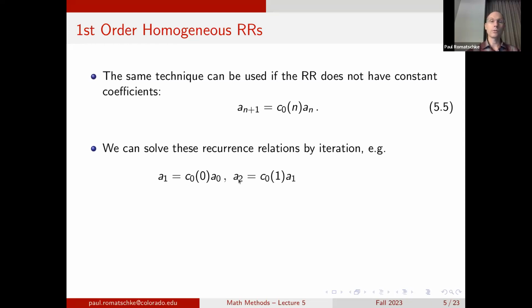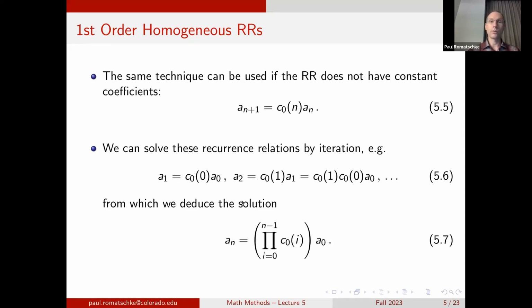Then for n is 1, we have a_2 is C_0(1) times a_1, but a_1 is given in terms of C_0(0) times a_0. So we get the product C_0(1) C_0(0). And then we continue in this fashion, and we deduce that the closed form solution for these types of recurrence relations must be given by the product of the coefficients C_0(i) times a_0.